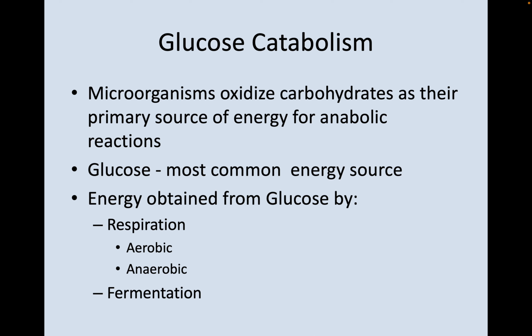Glucose catabolism. Microorganisms oxidize carbohydrates or sugars as their primary source of energy for anabolic reactions. Glucose is the most common energy source, and energy is obtained from glucose by respiration, either aerobic or anaerobic, and it can also be gained by fermentation.